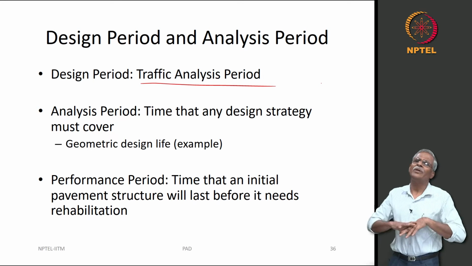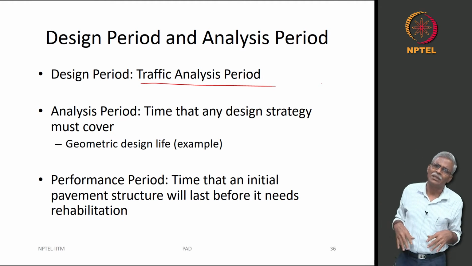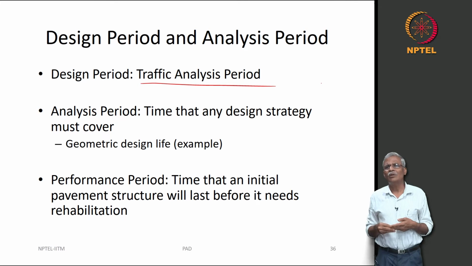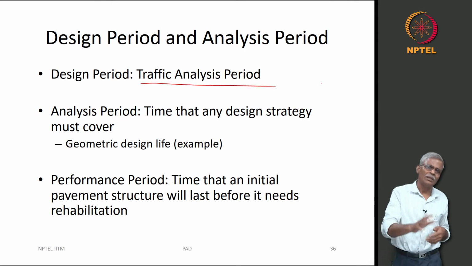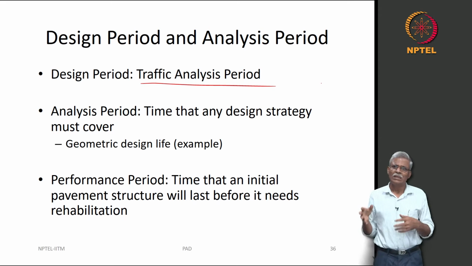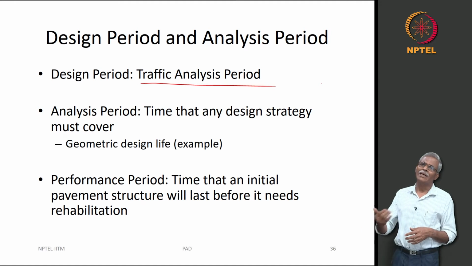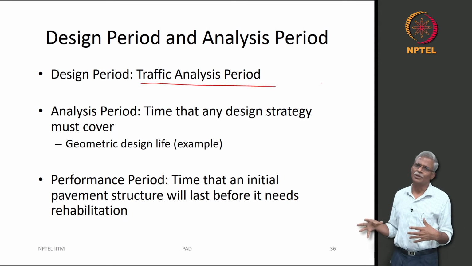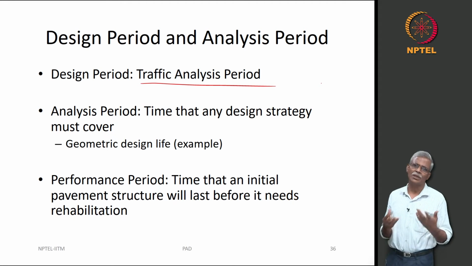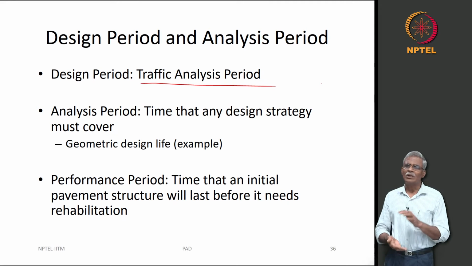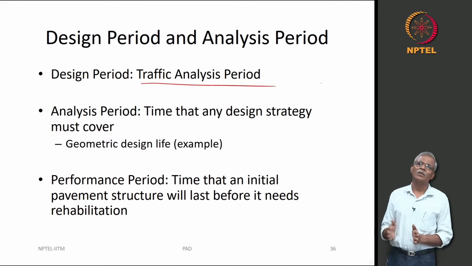Whenever a new facility is constructed, there is always a tendency for the traffic to move in that direction. And what if this whole 30 million standard axles or 40 million standard axles comes in the first 4 years, which is not something that you really expected? Then what you have designed for 10 years, you are going to have a problem at the end of the 3rd or the 4th year.